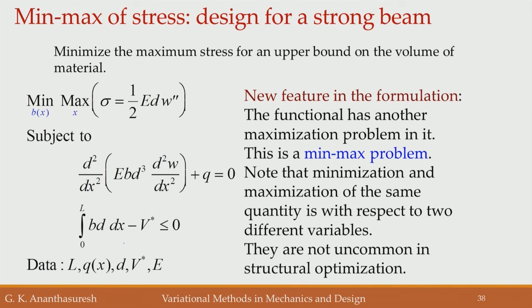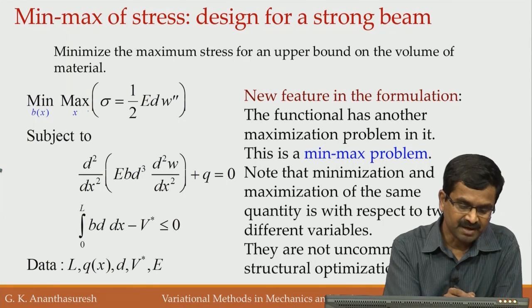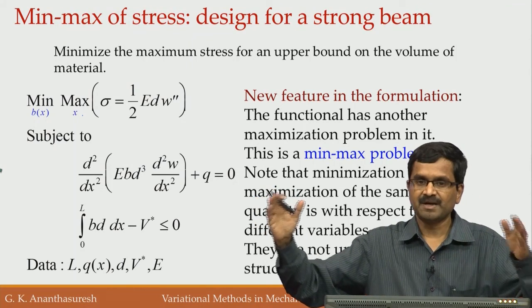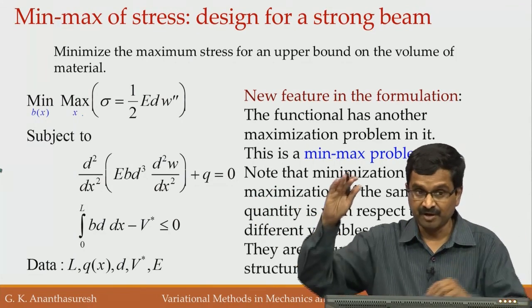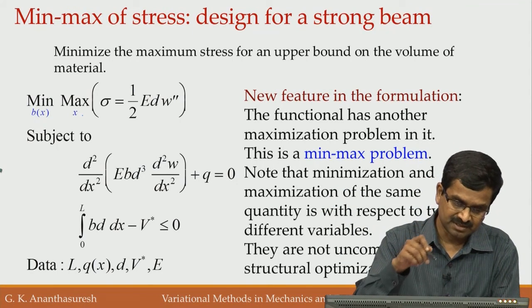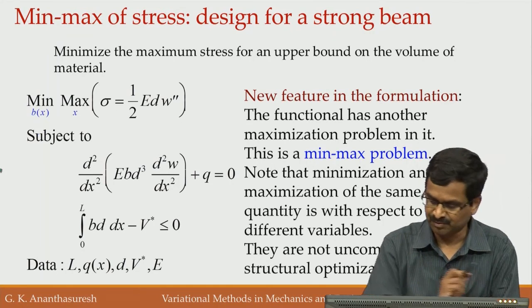Let us say you want to worry about strength, then you want to minimize the maximum stress that is there in a beam. You would say minimize the maximum stress, maximum over x, from 0 to L along the beam, since anywhere the maximum stress can be reached depending on the load and boundary condition. Now, you want to minimize that maximum stress by adjusting B of x, which is the width profile here.